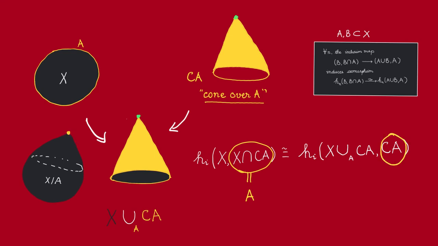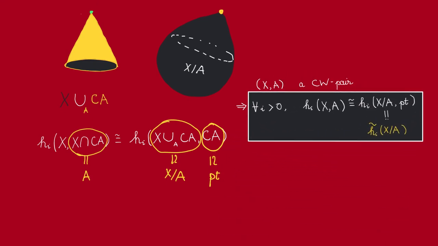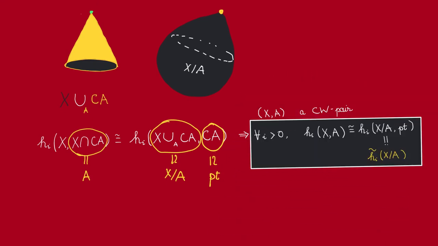So here we have this is homotopic to a point. And when we squish this cone to a point here, then in particular we are squishing this A to a point. So we get that the homotopy type of this is just X over A. And look, that was just exactly what we wanted to prove. Thus now we have a method of computing homology of quotients, which we will use quite frequently.